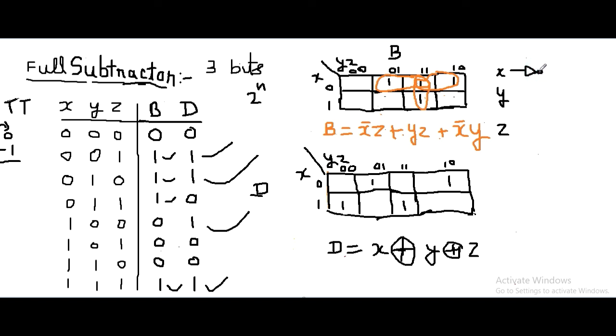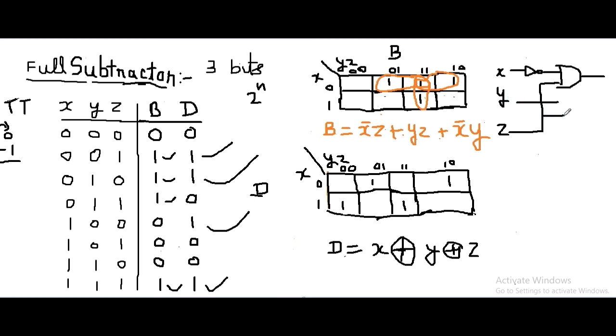So x complement, and then we have this z, which is again fed to the AND gate, as we know there is a dot operation between the x complement and z here. So this is x complement z, and then we have next yz, so just y and z.